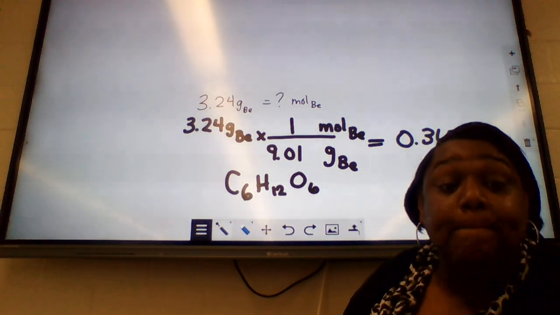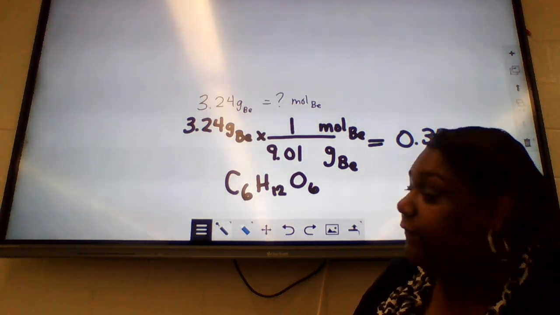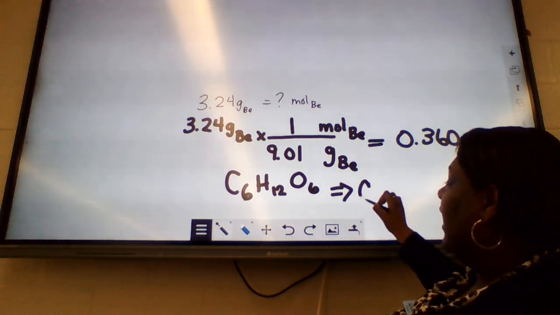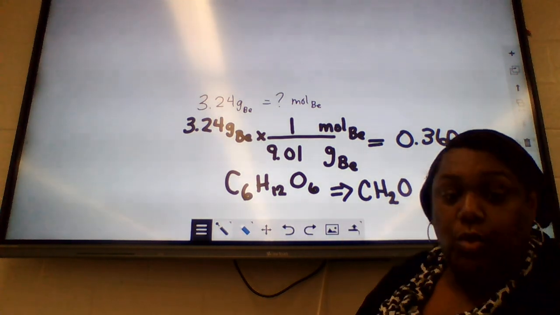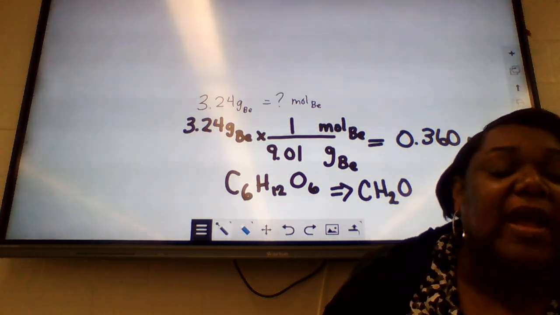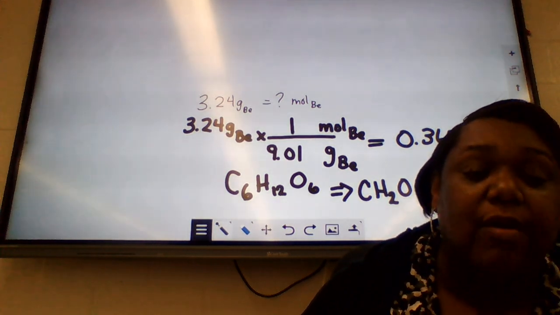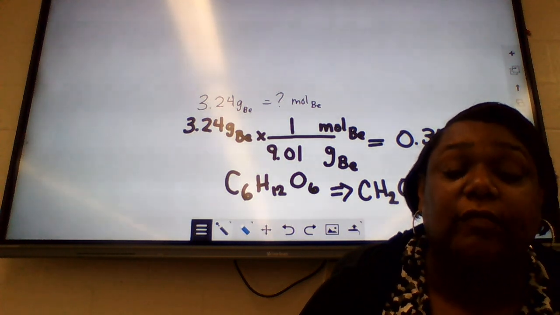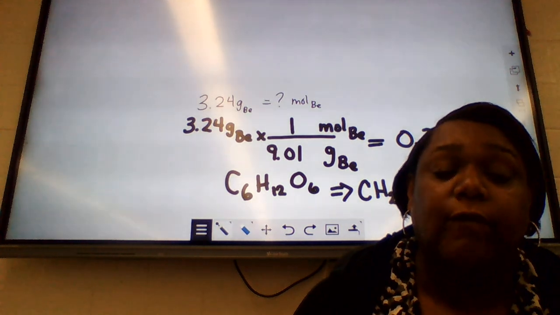Well, that's the molecular formula for glucose, but that's not the empirical formula for glucose. The empirical formula for glucose is actually CH2O. All right, and we got that by dividing each one of those subscripts by the same value, and so we got the smallest whole number ratio of those elements to one another. That's what we mean when we say empirical formula.